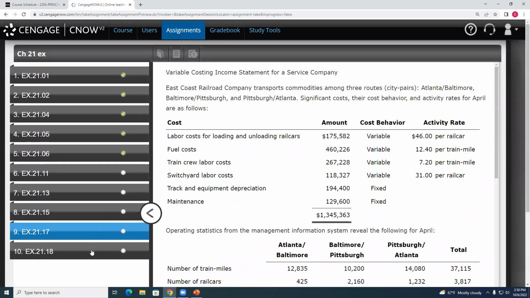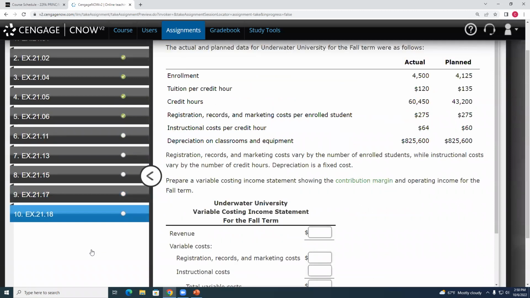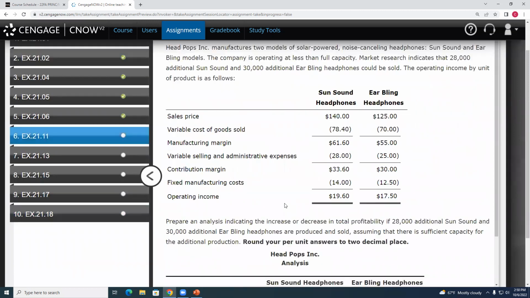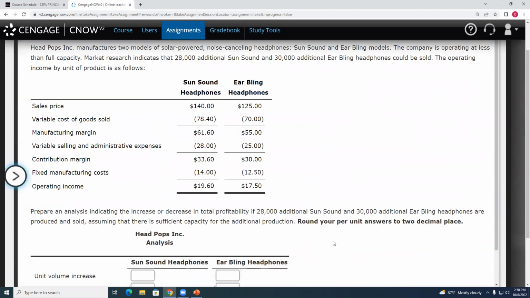How do we use these concepts for a service company that doesn't have manufacturing overhead because they aren't making a product? And then we'll look at one final exercise to prepare a variable costing income statement for a service company. Service companies certainly can still have fixed costs. They're just not going to be manufacturing costs.